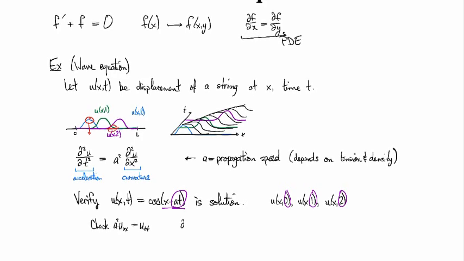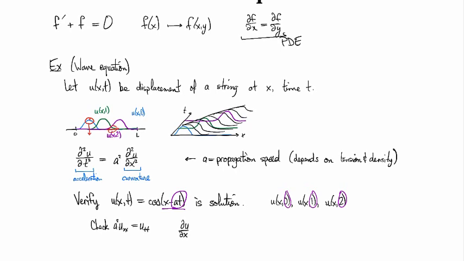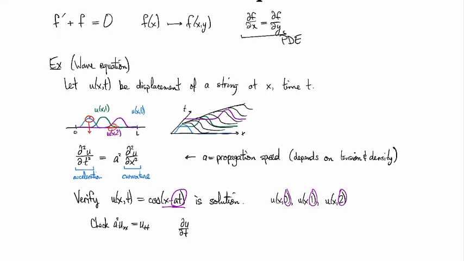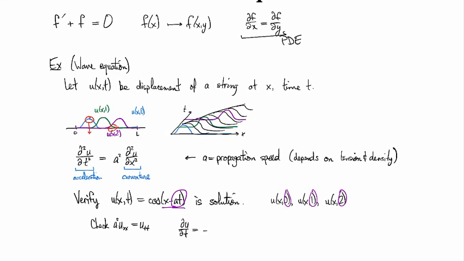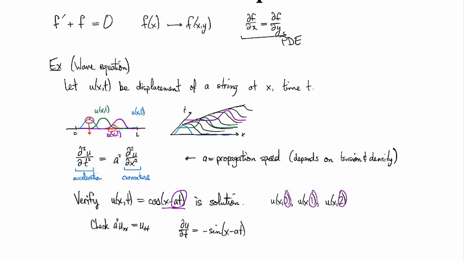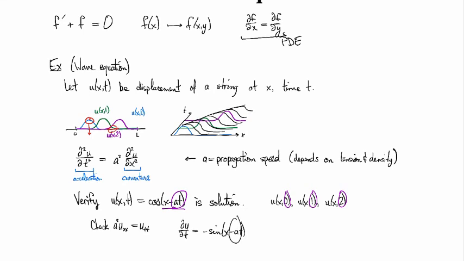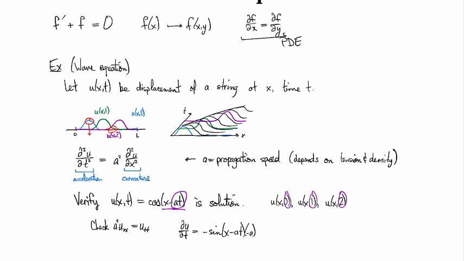Taking the first partial of u with respect to t, the derivative of cosine is minus sine, and then we have the inner derivative with respect to t, which gives a copy of minus a.